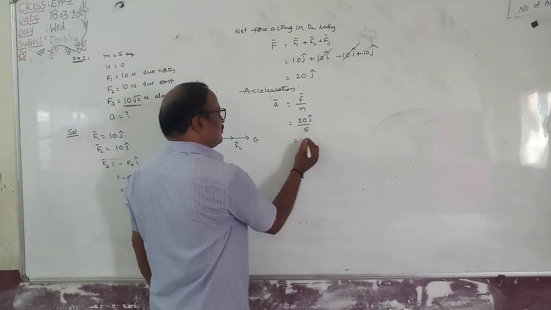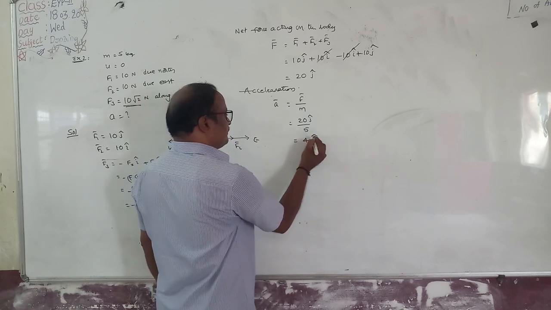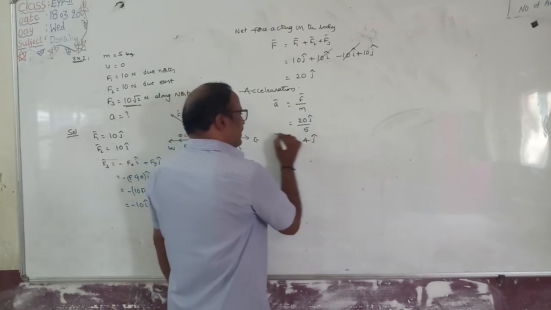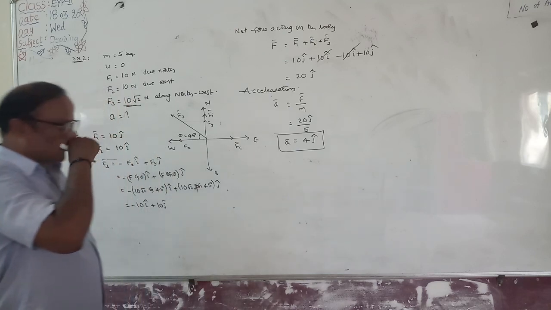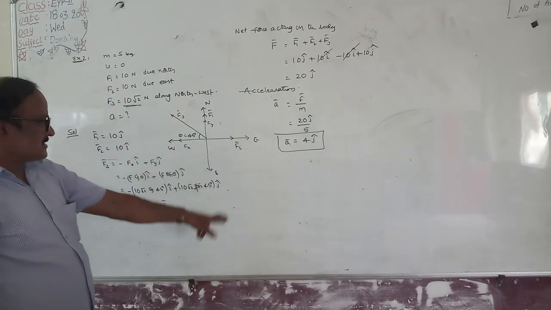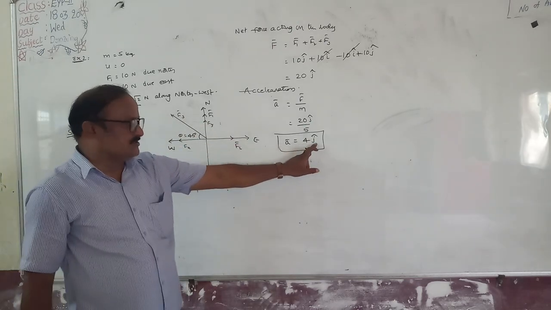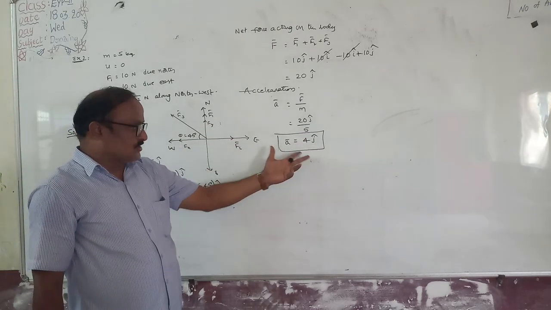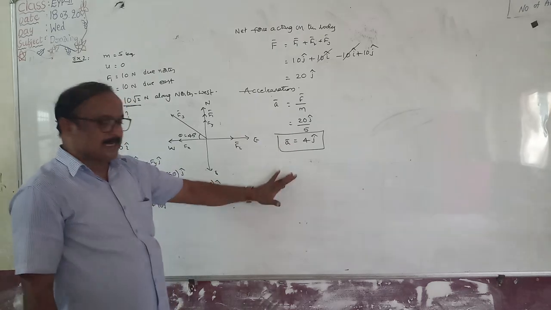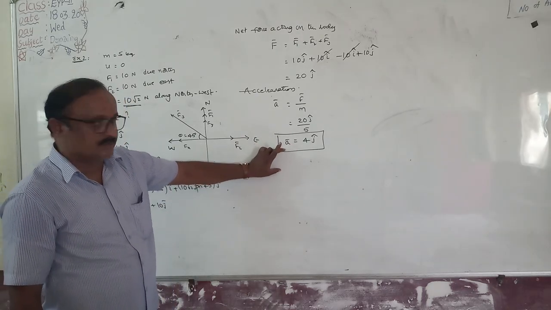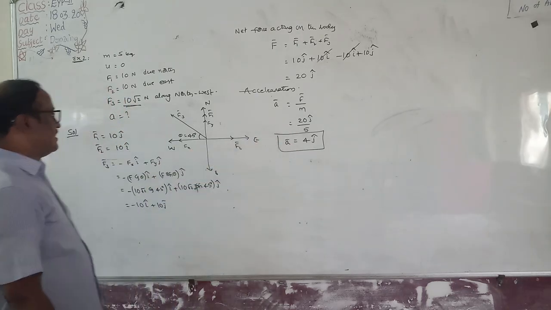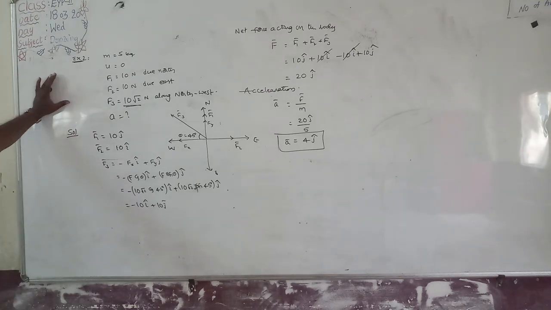That is equal to 4 j cap. Right? What is the direction of acceleration? Acceleration must be along or due north because there is a positive j cap. Magnitude of acceleration is equal to 4 meter per second square. Right? So this is the required solution for the given problem.